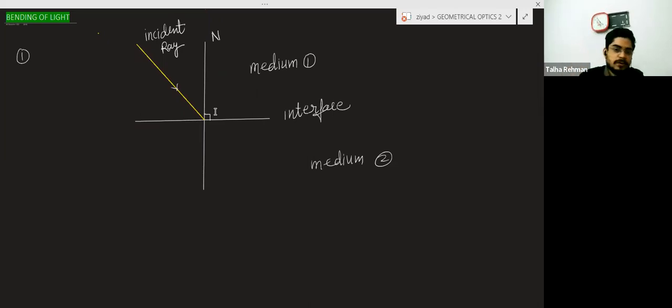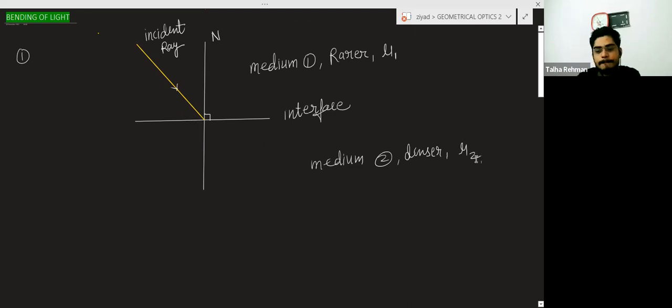So suppose this medium is a rarer medium with refractive index mu1, and this is the denser medium with refractive index mu2. Can you tell me whether mu1 or mu2 will be greater?